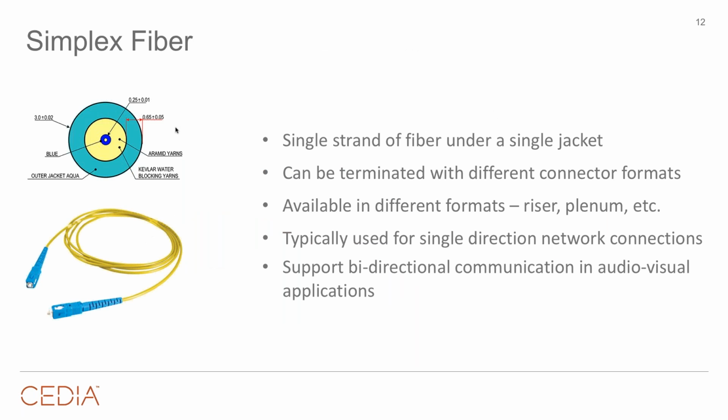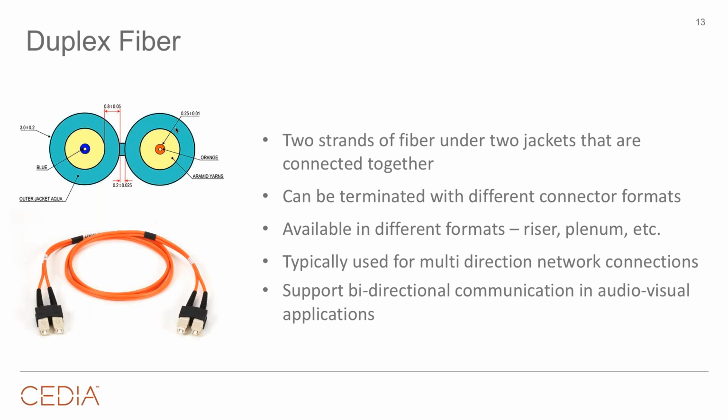Now let's turn our attention back to the different types of fiber, because this is important. We need to all make sure we understand simplex fiber is that single strand, that one strand of fiber under a single jacket, okay? But very rarely are we ever going to pull simplex fiber. It exists, but for the most part, in order to truly future-proof, we want to think about duplex fiber at a minimum.